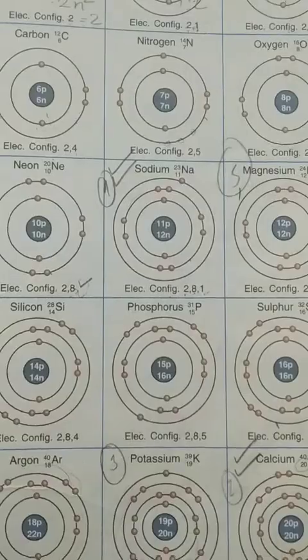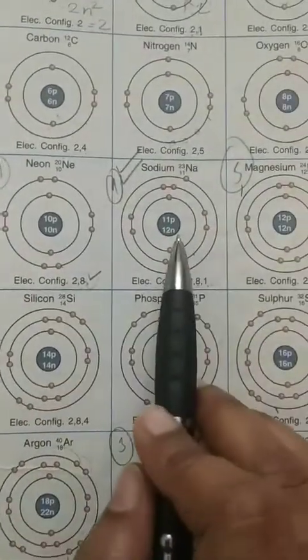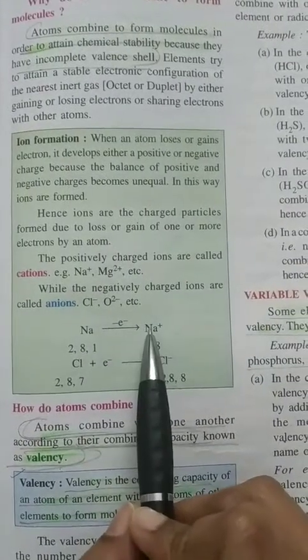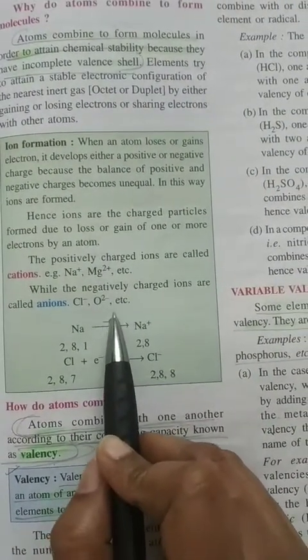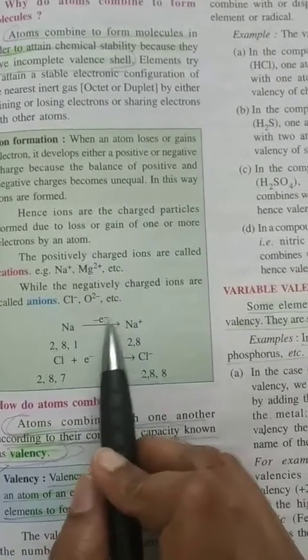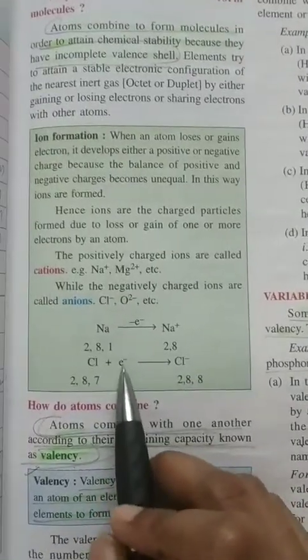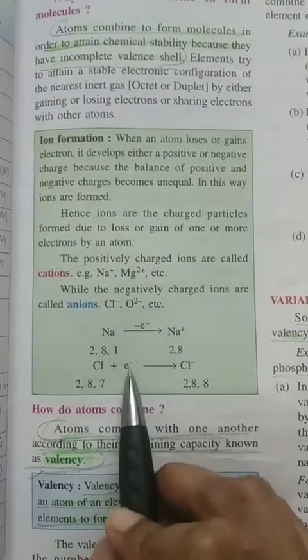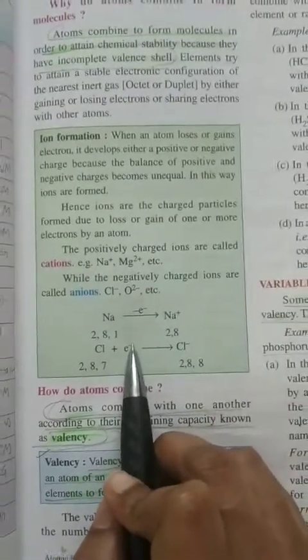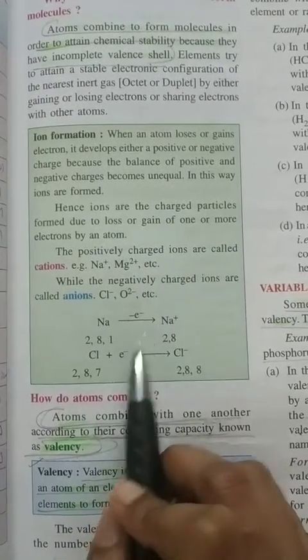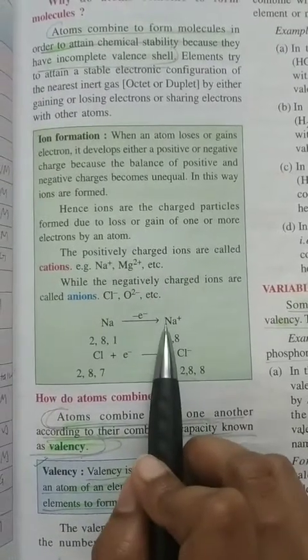And how are they combining? Sodium, the example which is given here, see sodium loses 1 electron, right? And chlorine gains 1 electron. So sodium loses 1, and that electron which is lost by sodium is taken up by chlorine. That is why one element gives, the other is ready to take, such that a compound is formed between these two, sodium and chlorine.